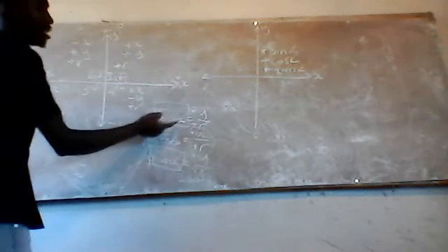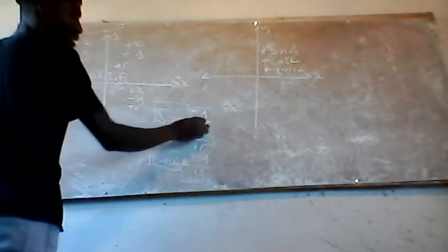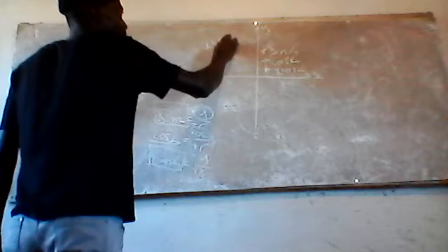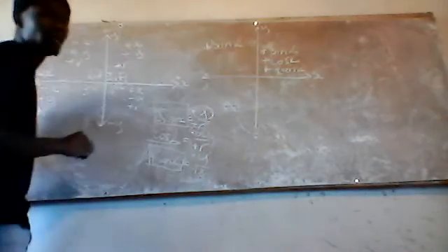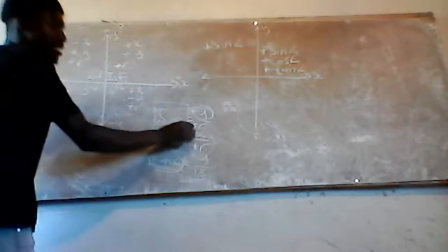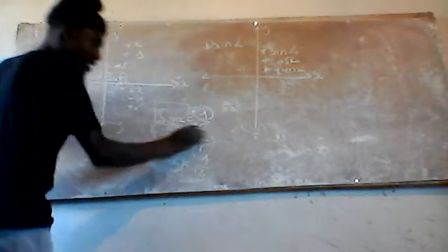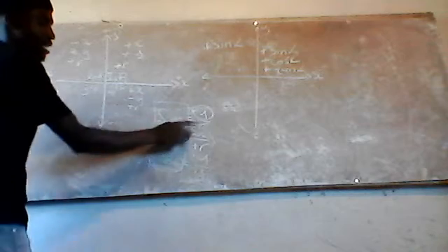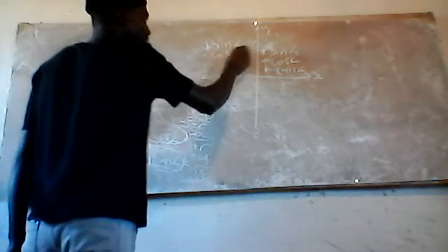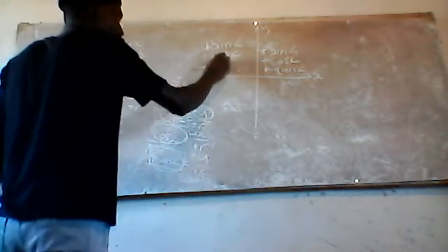If I were to calculate my sine of any angle there, I'm having my positive y once more and my positive r. You can see that I'm also going to have a positive sine of any angle. But if I look at my cos and my tan, guys, since my x is negative in the second quadrant, if I divide any negative number by a positive number, I will get a negative. So my cos is negative in the second quadrant and my tan is also negative.